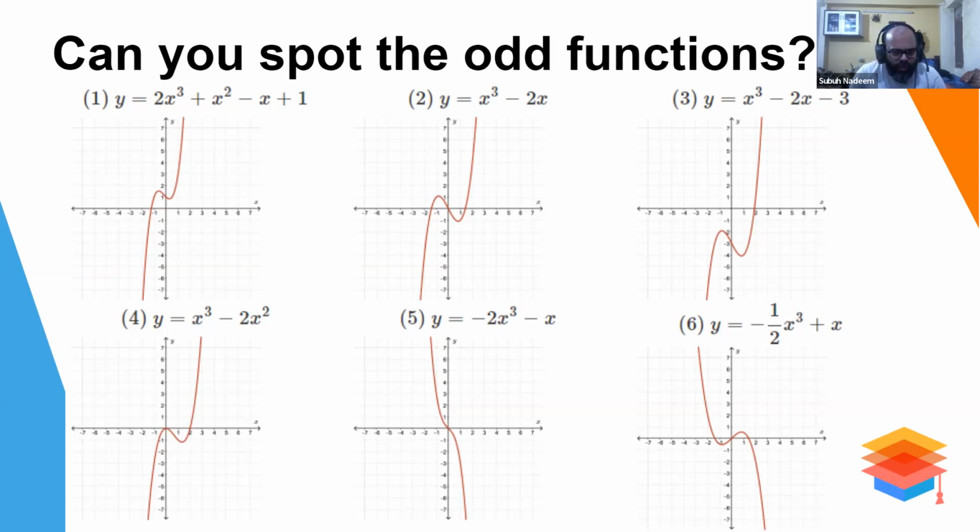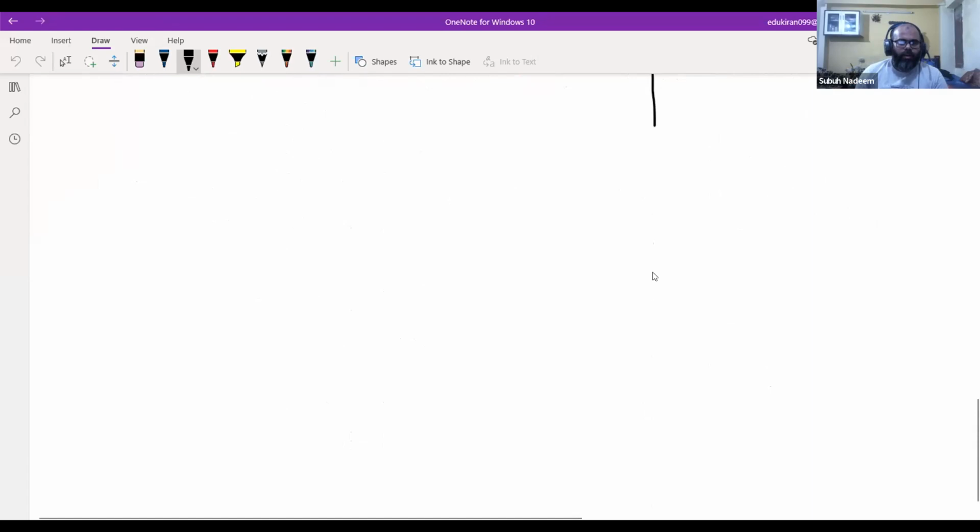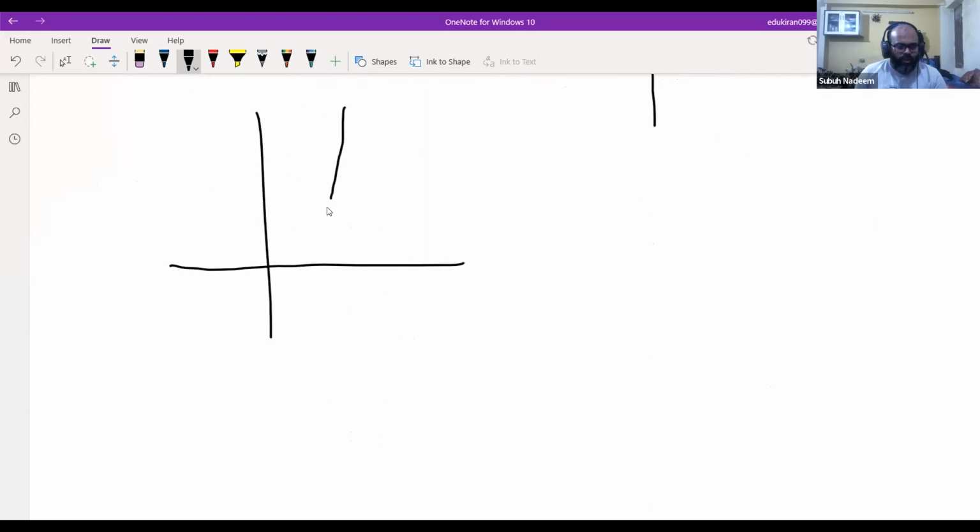So let me share my screen, 1 second. Okay. So what is happening in the second one is that this is actually the situation. As I remember, it was probably like this.